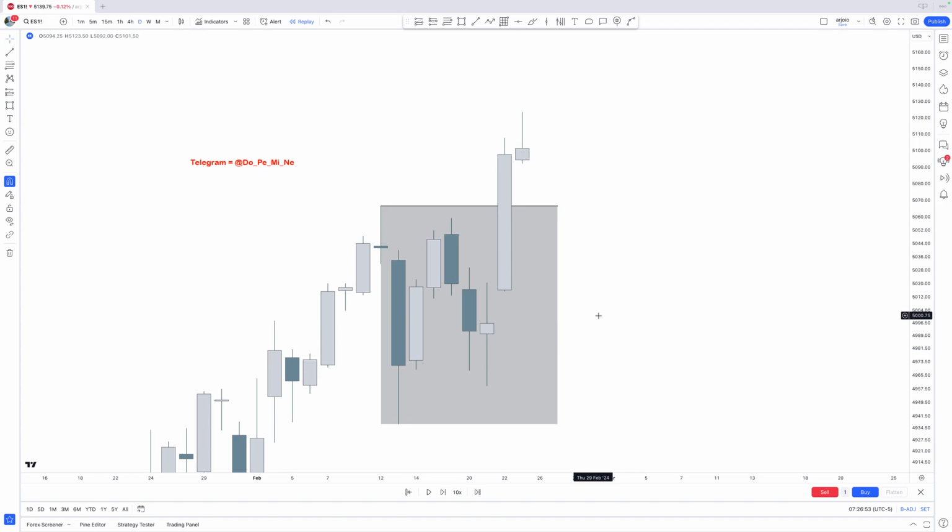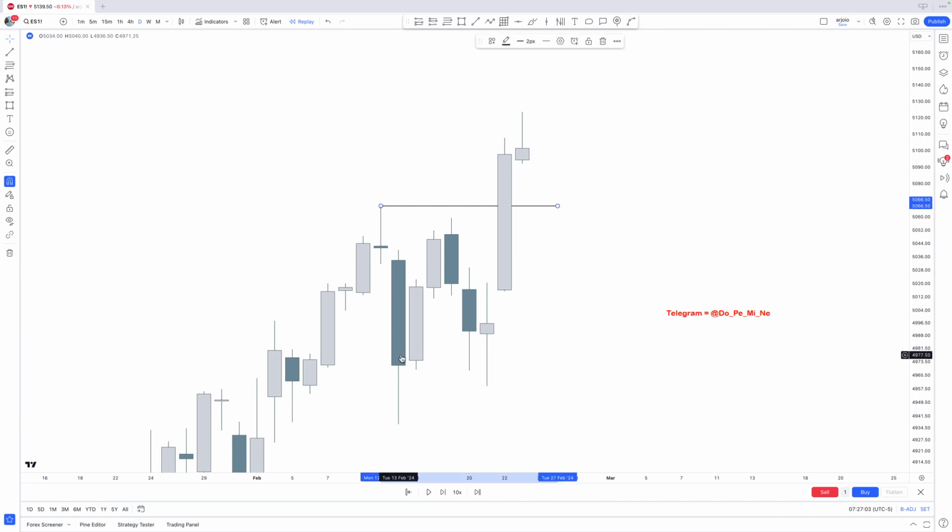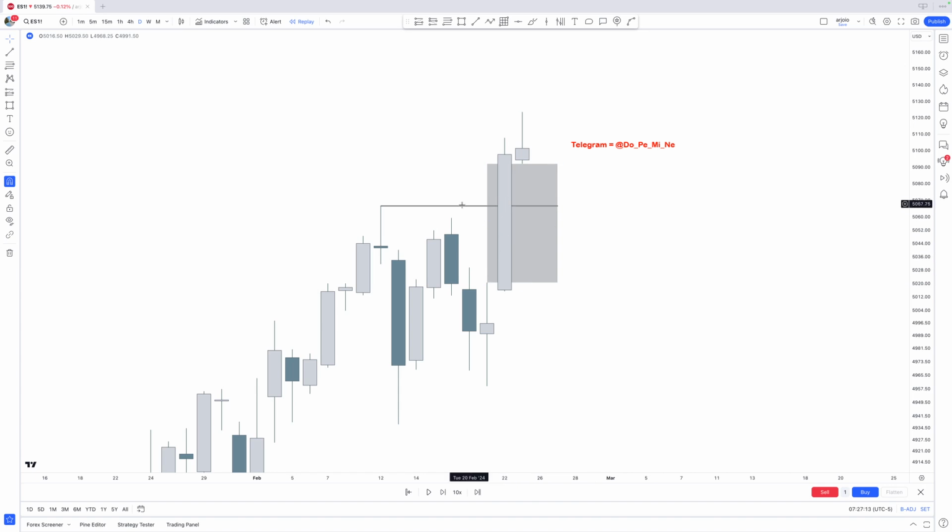Oftentimes inside that bigger fair value area, what you will find is a nested PD array. And what is a nested PD array? This in itself, this order block is already one PD array. Then we have a fair value gap right here overlapping, because again, we need a fair value gap that is overlapping right there. We have a fair value gap overlapping right there with the fair value area overall.